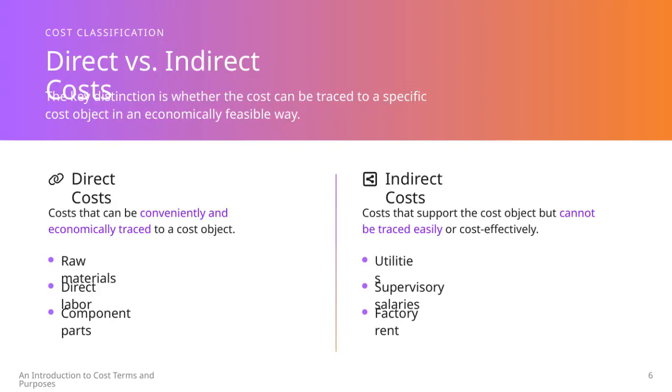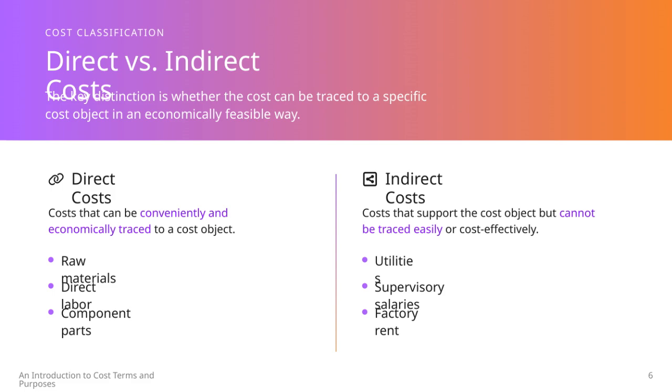When we talk about cost classification, one of the most important distinctions is between direct and indirect costs. The key difference lies in whether the cost can be traced to a specific cost object in a way that's both convenient and economically feasible. Direct costs are those that can be directly and easily traced to the product or service. Examples include raw materials, direct labor, and component parts, basically, costs that are clearly linked to the production process.